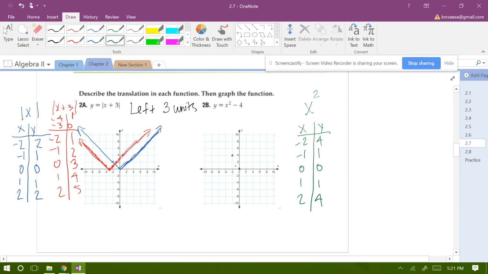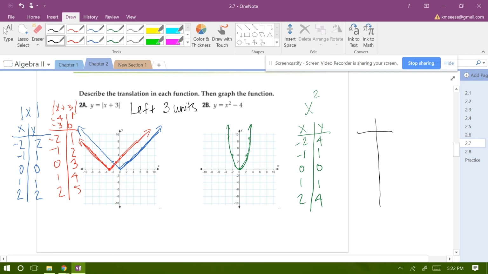So graphing those, you can draw your parabola and make it look like a parabola and not an absolute value function. All right? So minus 4, well, what is that? What that means is it's going to move your y value. All right?